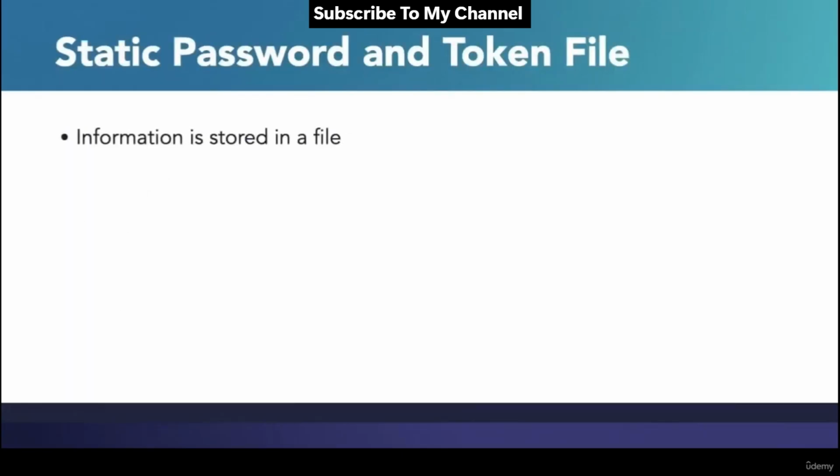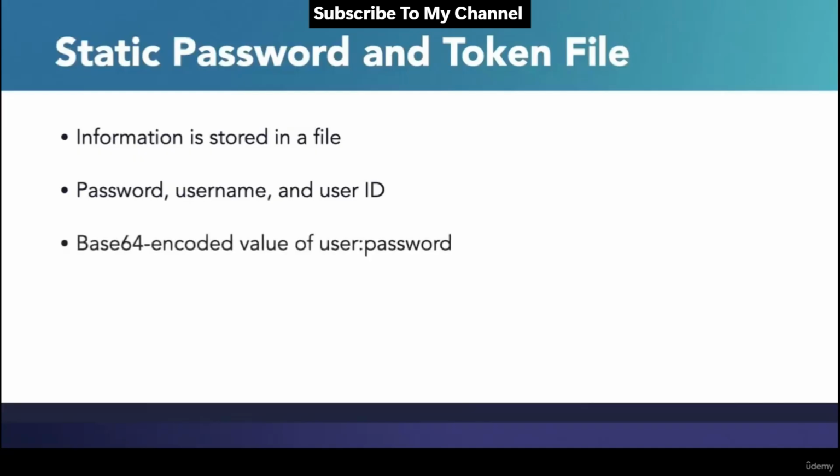Well, the name gives it away. In this method, the passwords are stored in a CSV file with at least 3 pieces of information: password, username, and user ID. A client using HTTP passes the authorization header with a base64 encoded value of the user colon password.